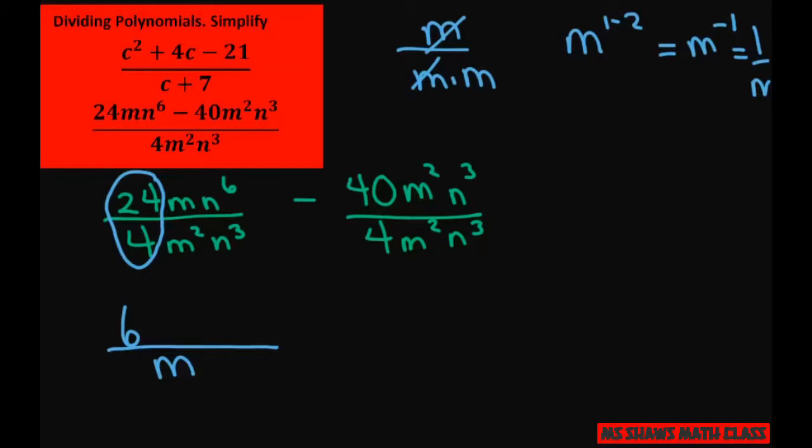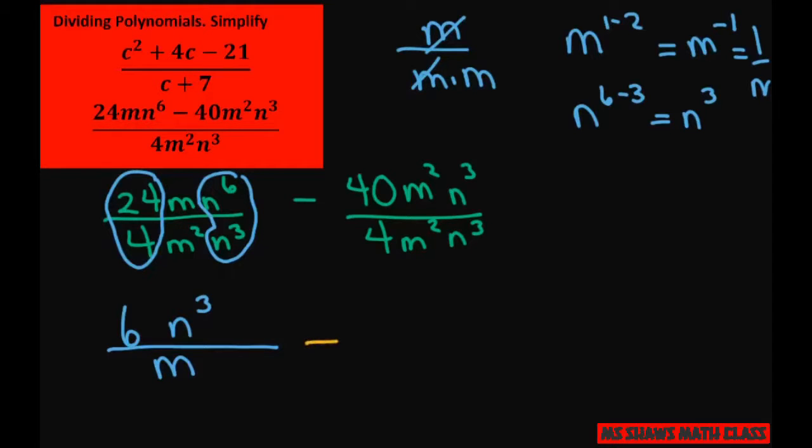All right, and then these like terms, that's going to be n to the 6th minus 3 using your quotient property, which is n cubed. So that goes on the top, in the numerator. That's 6 n's on the top and 3 on the bottom, and then you cancel out.